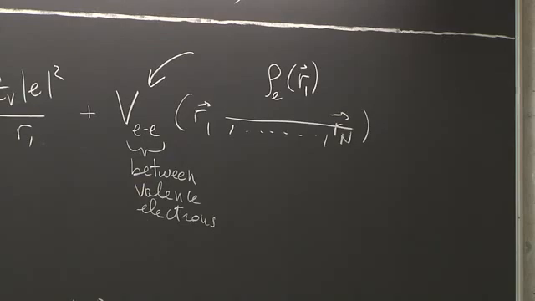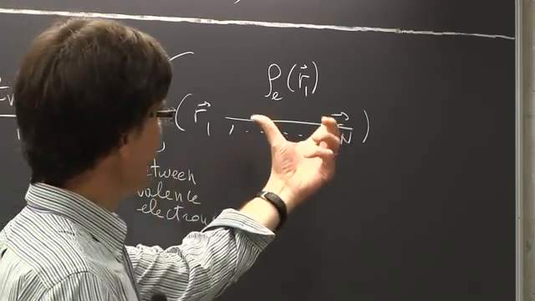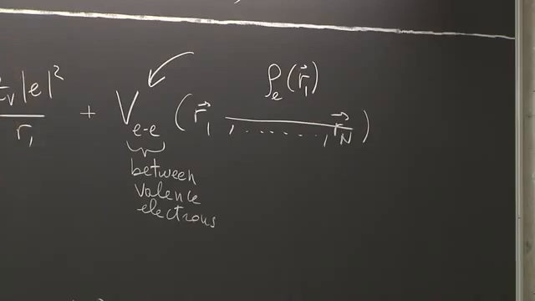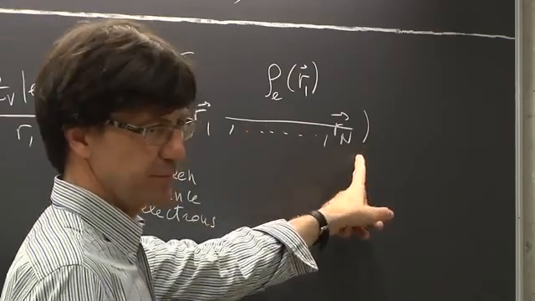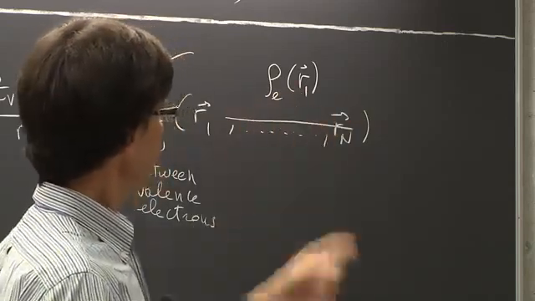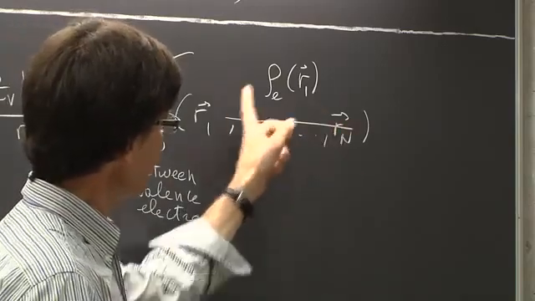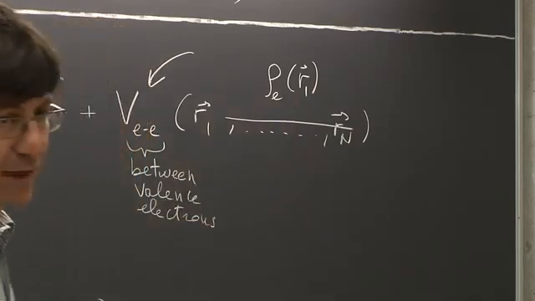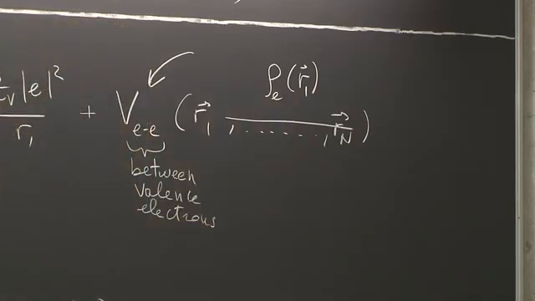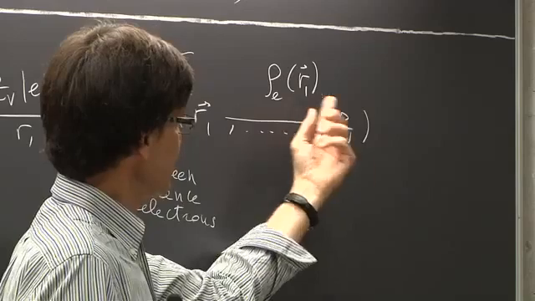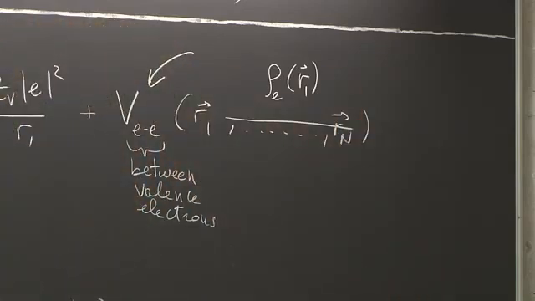So in other words, you can express exactly this potential, which is in principle a function of all the other electrons, in an effective way by replacing all the other positions with the electronic density at the point where your particle is. Of course, the electronic density will contain information about all the other electrons, right? Because the density is composed by all electrons. So the total density of the system is made up of all the electrons that I have in my system.